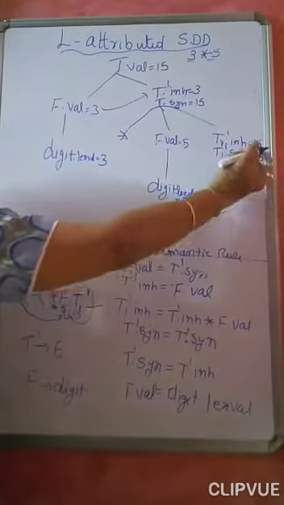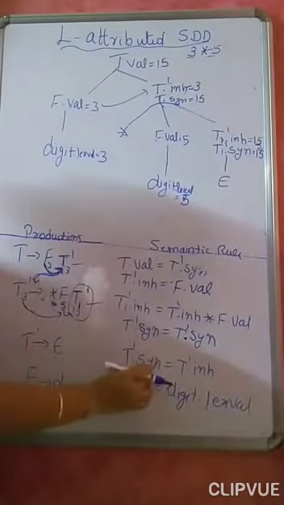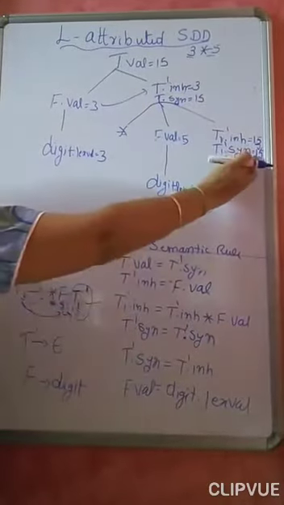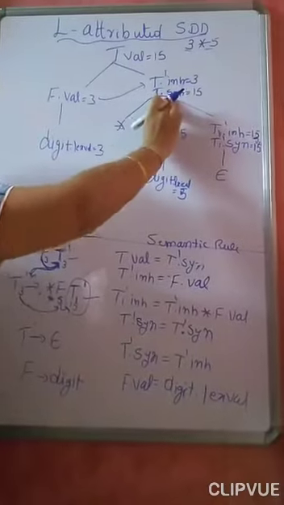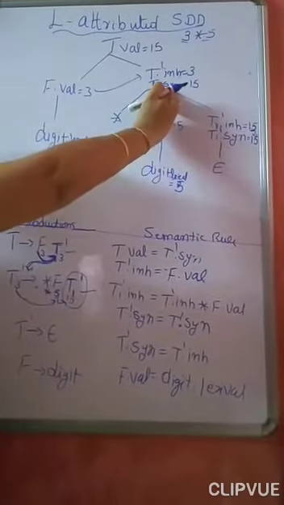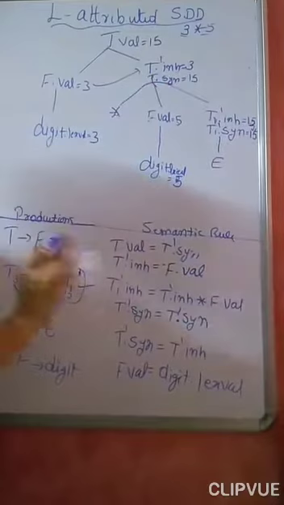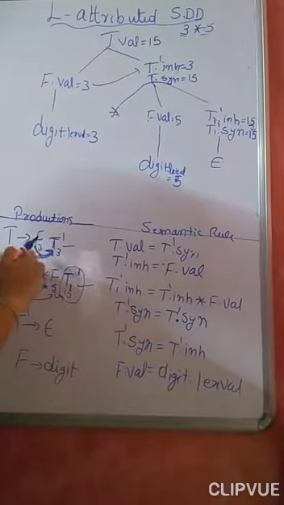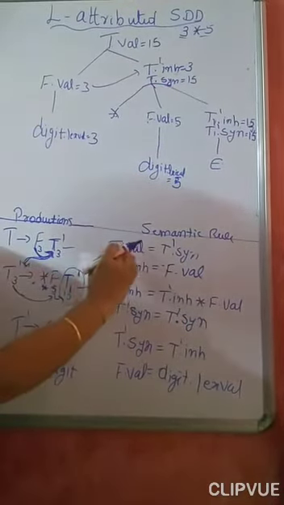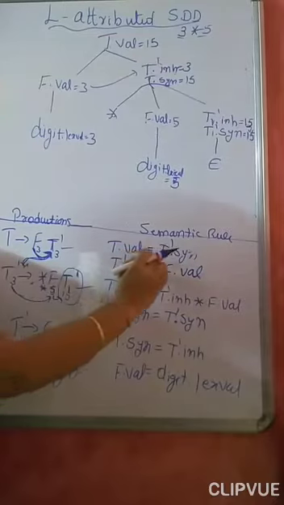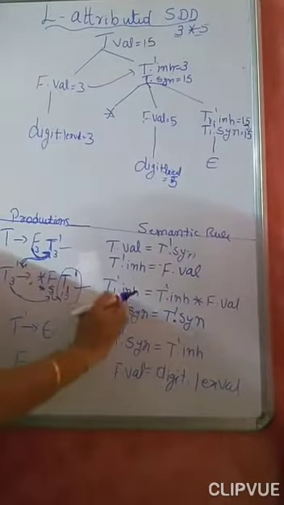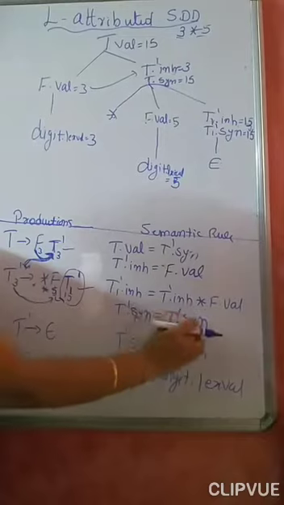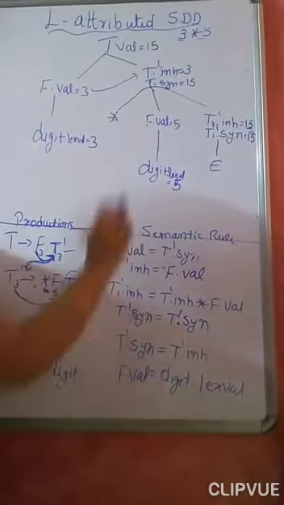That means I am copying the same value to T dash synthesized. Then this 15 I am copying to the synthesized value here, that is T dash. T dot value is equal to T dash synthesized, and T dash synthesized is equal to T dash synthesized.